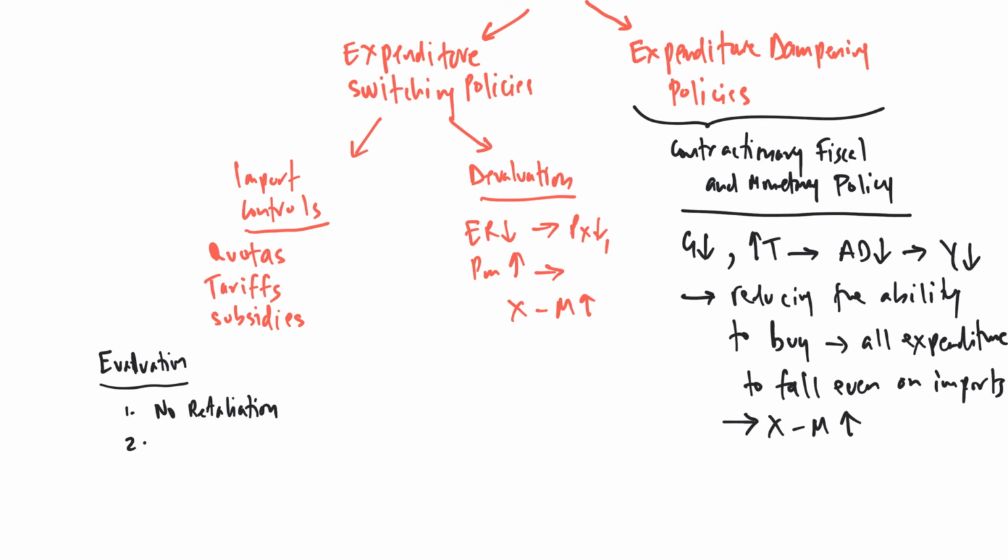The second important evaluation, or drawback, here is that it would matter what the elasticity of the good is when you put on import controls, because you're increasing the price of goods.